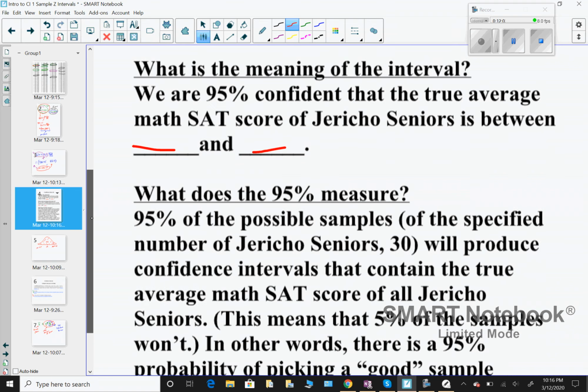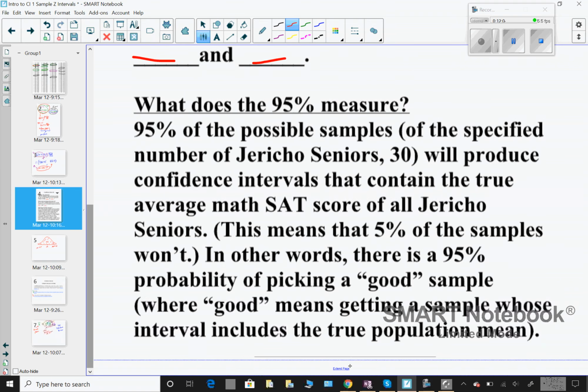And finally, I guess the most complete way to state this is that 95% of the possible samples will produce confidence intervals that contain the true average SAT math score of all the Jericho seniors. And so that also means that 5% won't capture it.